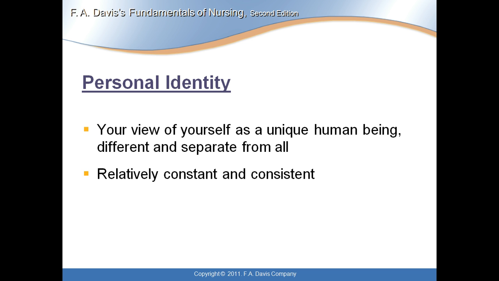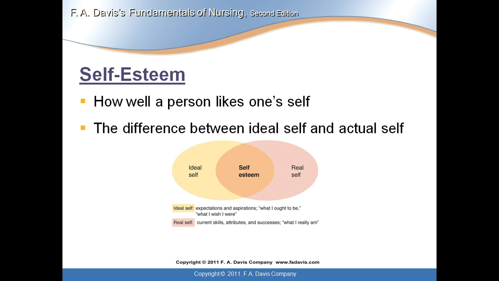So with personal identity, your view of self as a unique human being, different and separate from all, and is relatively constant and consistent. So in this slide, it's actually self-esteem, how well a person likes oneself, and the difference between ideal self and actual self.